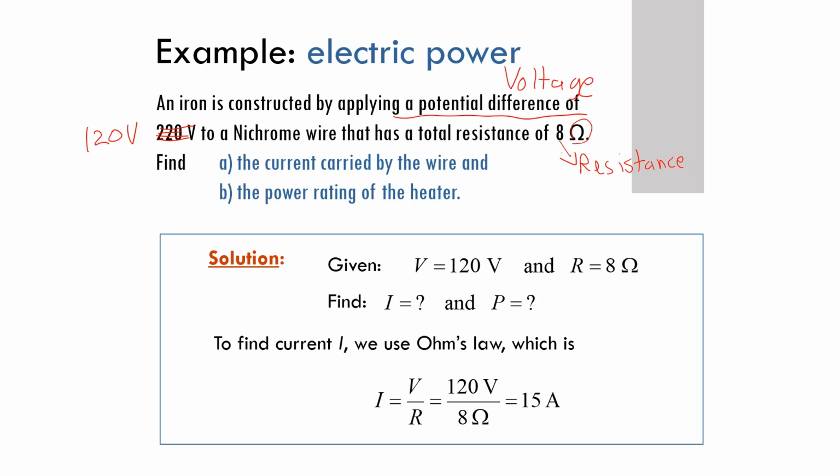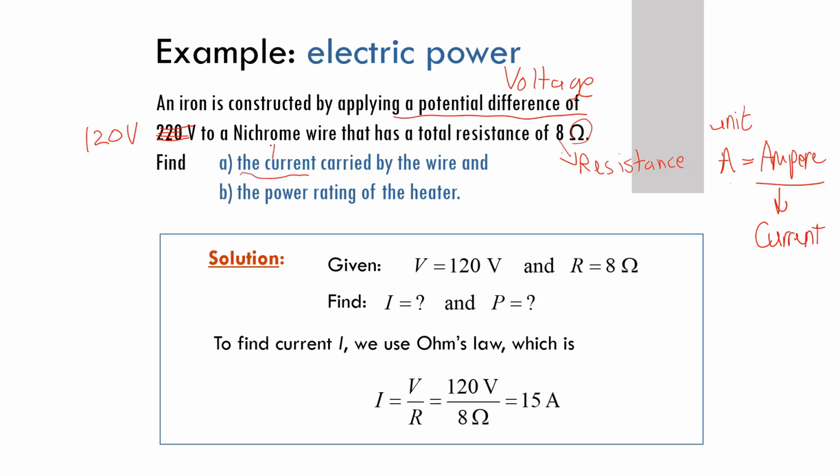And if the unit is A, that is ampere, which is current. Okay, so they want you to find the current carried by the wire.